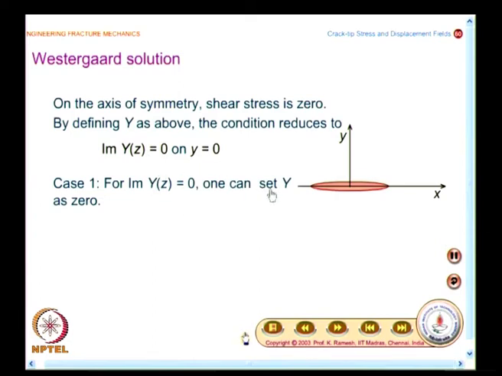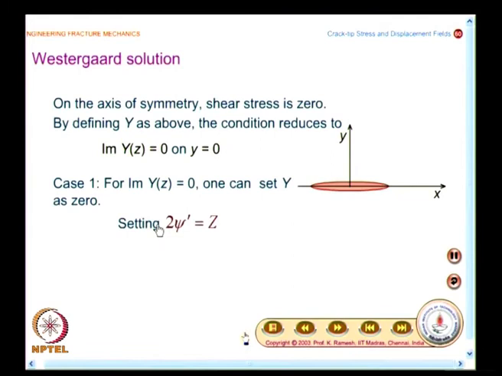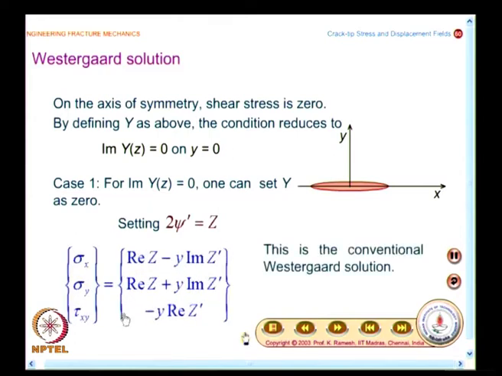Suppose I take capital Y equal to 0, which is very similar to what Westergaard did, no function like Y exists at all, then I get Westergaard stress functions. The expression of stress field would be the same as what you see in the Westergaard solution, and you will also have to set 2 xi prime equal to capital Z, then I get the conventional Westergaard solution.